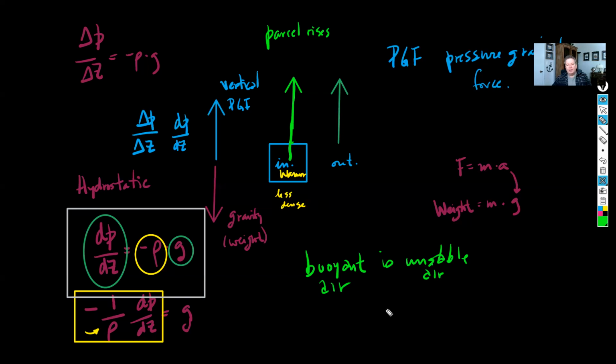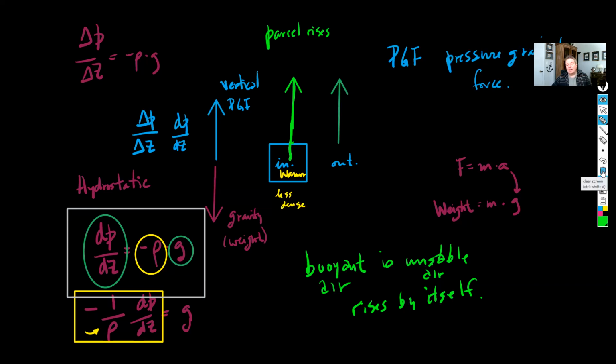Unstable air and buoyant air rises by itself. If it rises by itself, then we know there must be a force. The reason there's a force is because the upward pressure gradient is bigger than the downward pull of gravity, and air rises by itself.